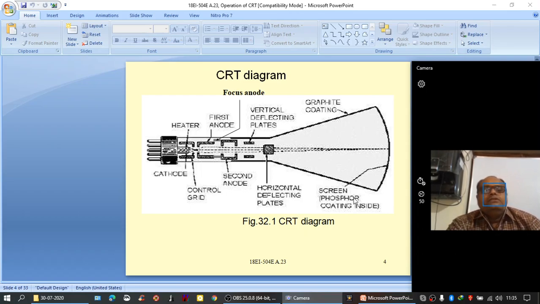Now, we have to select the phosphor material in such a way that the persistence time of the phosphor material should be greater than the persistence time of the human eye. What is this persistence time of the human eye?